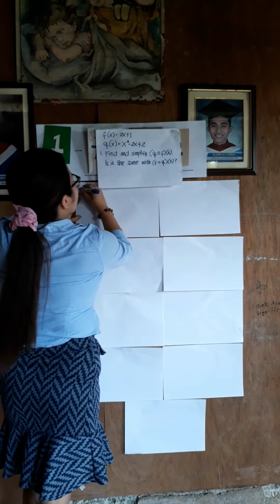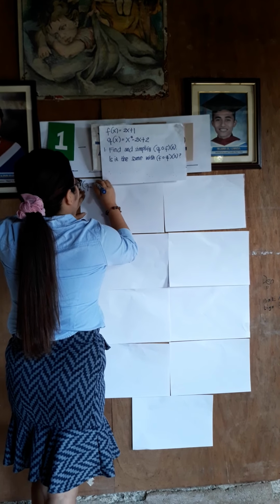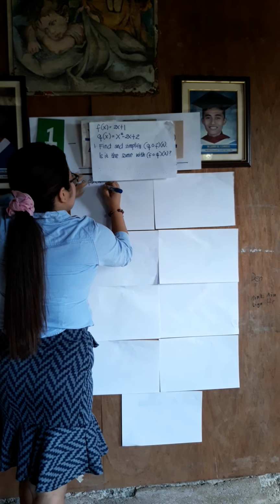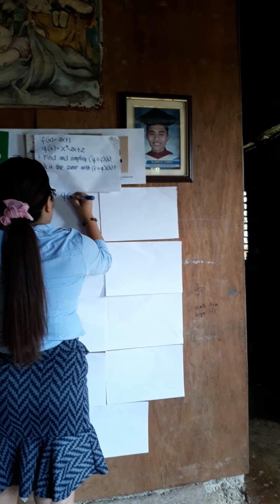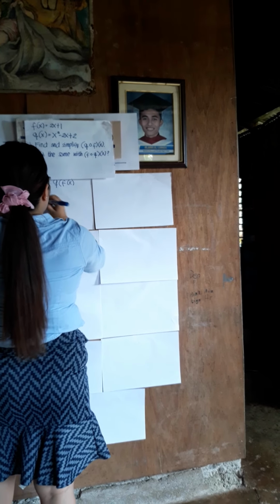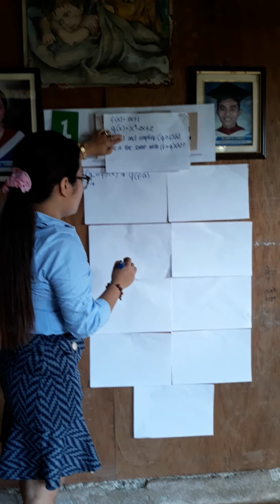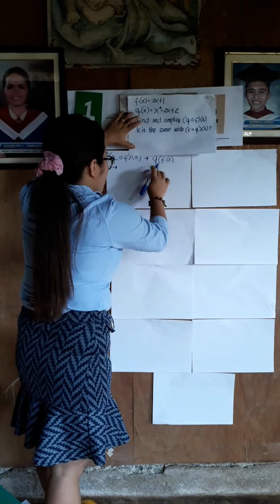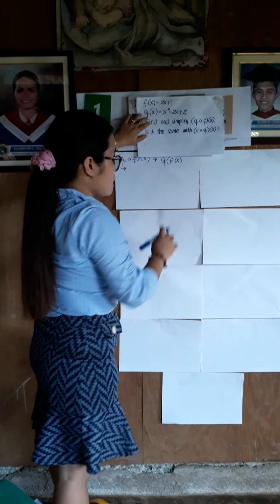So, q of f of x is equal to q of f of x. What we're going to do is note the equation found in q of x. We are going to substitute this x, because that is what is meant in the composition of function.